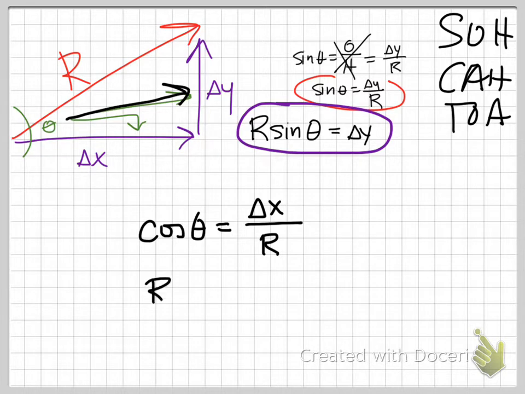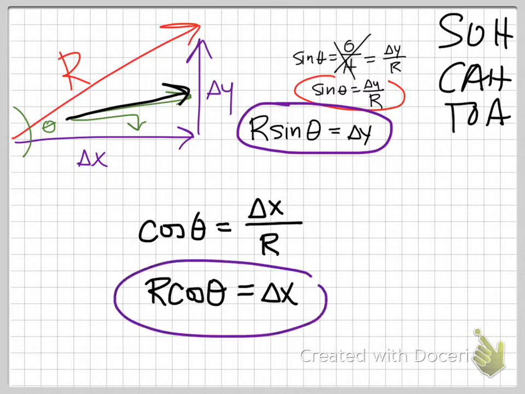So we know that r times cosine theta will give us delta x. What you'll start to do pretty soon in problems when you start to list variables is you'll list that expression for delta x. It becomes really important to put those expressions in because you'll use those algebraically to get other pieces of the puzzle.